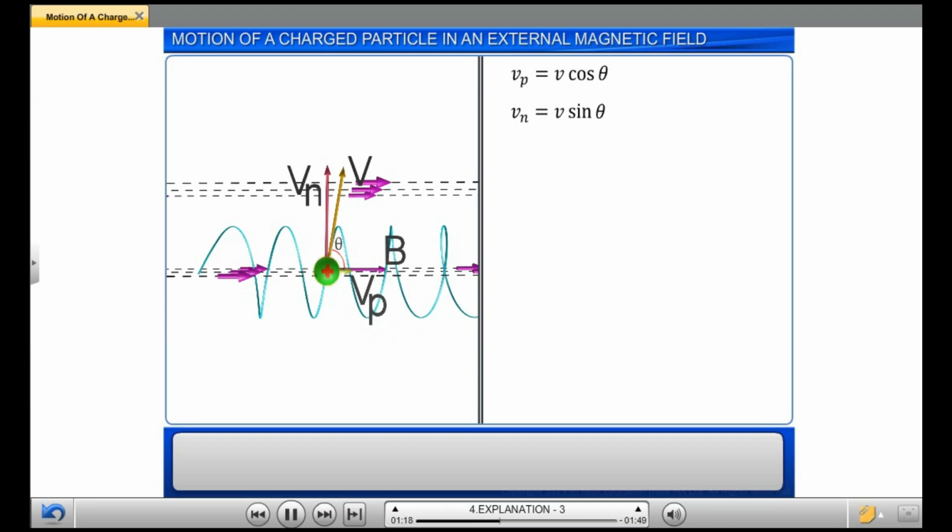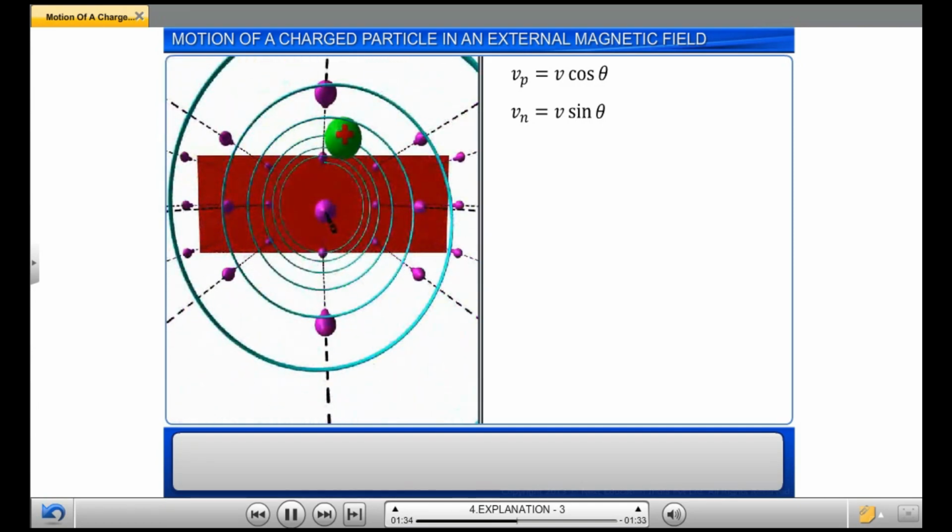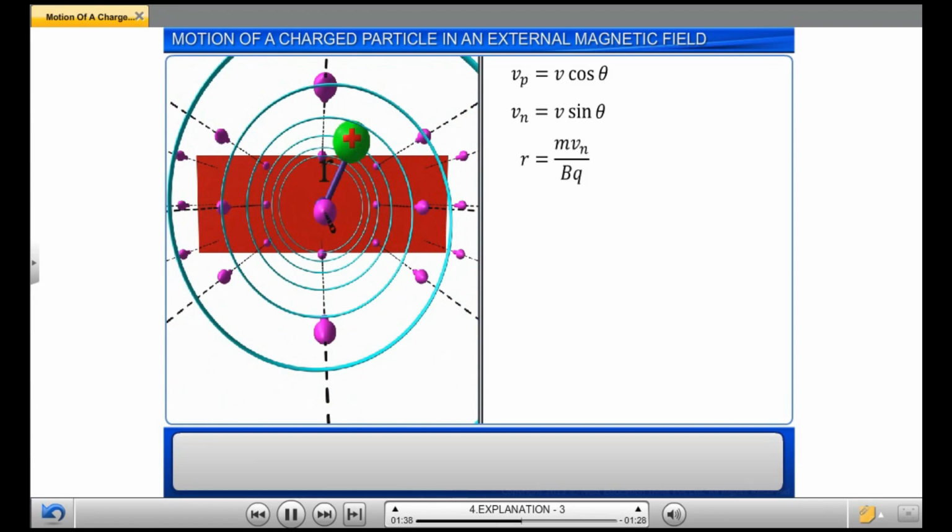The charged particle moves along the magnetic field due to the parallel component of velocity, Vp. At the same time, due to the normal component of velocity, Vn, the charged particle moves in the circular path, with radius r equal to m into Vn by Bq.